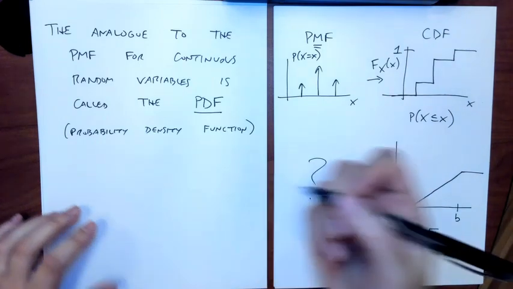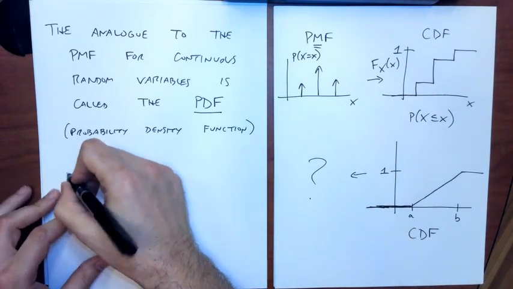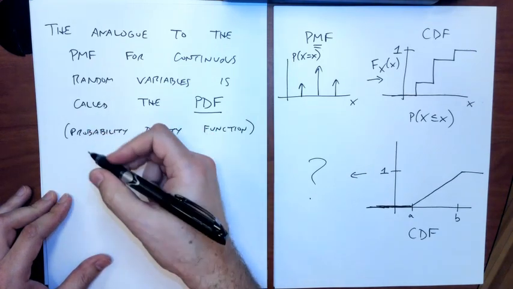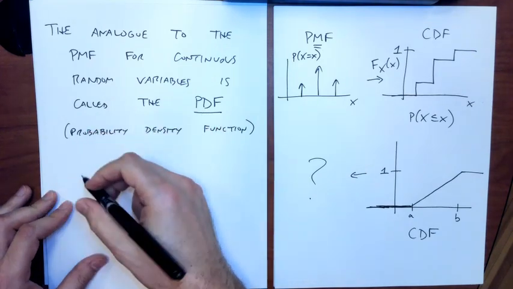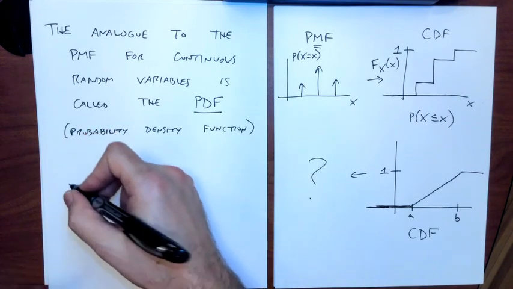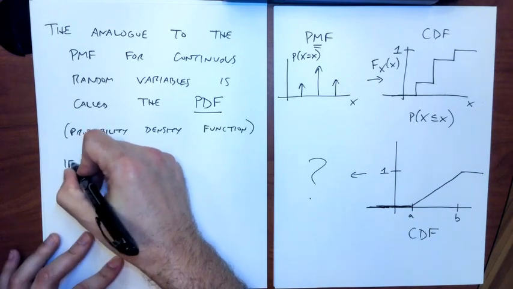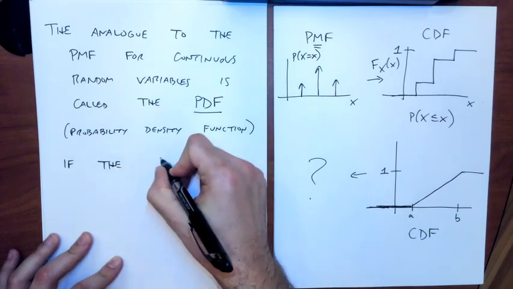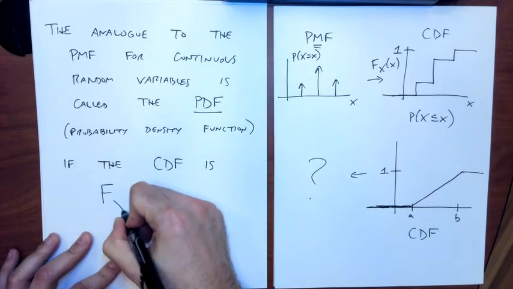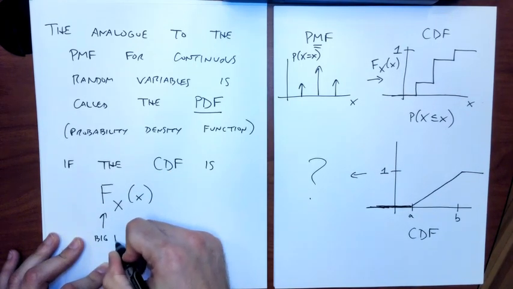Okay, so let's be a little bit more mathematical, right? So last time we said that for discrete random variables, well, actually, I can just jump right to this. So if the CDF is given as this, and again, I'm going to make notes here.